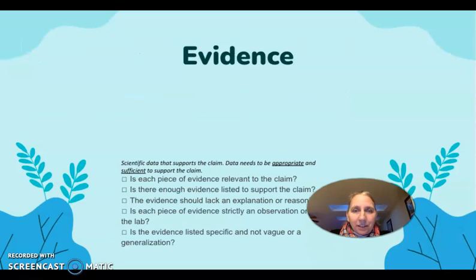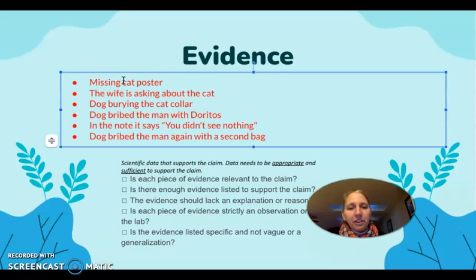Moving on to the evidence. What pieces of evidence in the film, in a little video clip, showed that the dog killed the cat? Pieces of evidence include the missing cat poster and the wife asking about the cat. These are both pieces of evidence that suggest the cat is actually missing. We see the dog burying the collar, and then we see the dog bribing the man with the Doritos because the man saw the dog burying the collar.